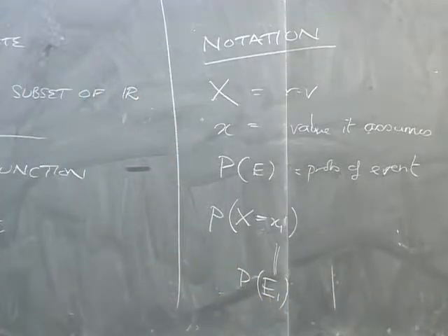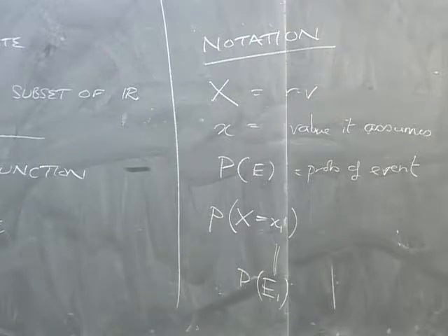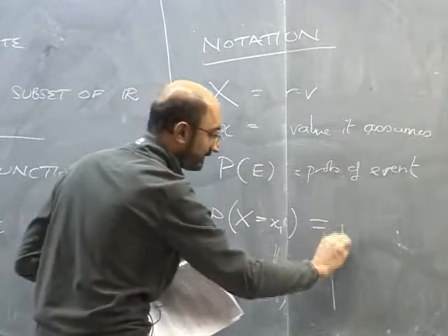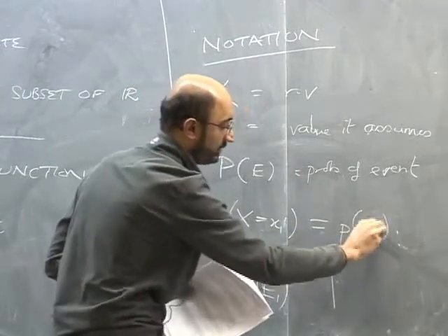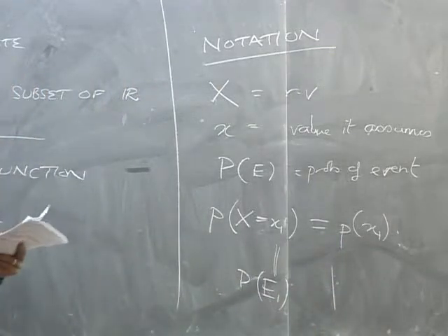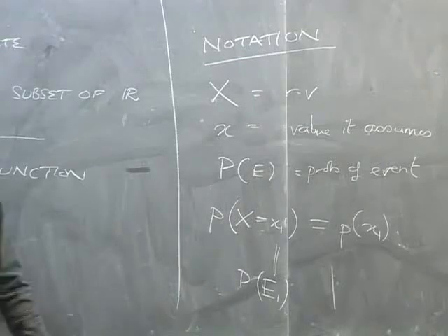But we want to remind you that we're talking in the domain space rather than the sample space, so we use small p of x equals x1, and this is often abbreviated as small p of x1. So small p of x1 means the probability that the random variable takes on the value x1.